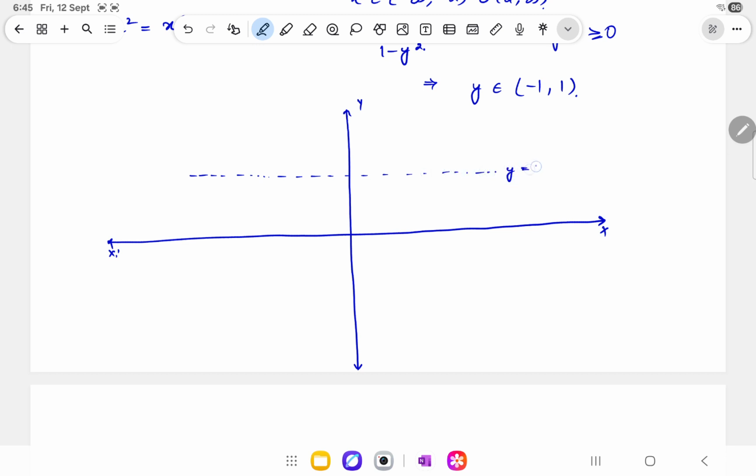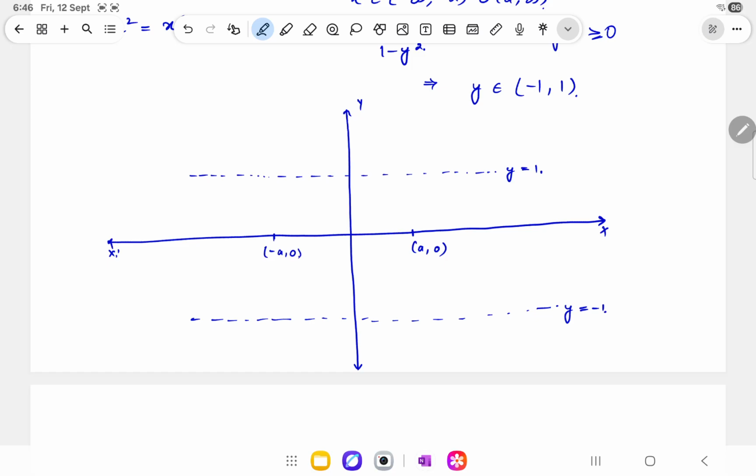This is the line for y equals 1, and let's say this is the line for y equals -1. Further, our curve intersects the x-axis at a comma 0 and minus a comma 0. So let us assume that this is the point a comma 0 and this is the point minus a comma 0.